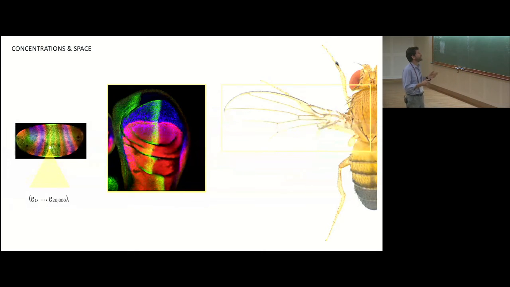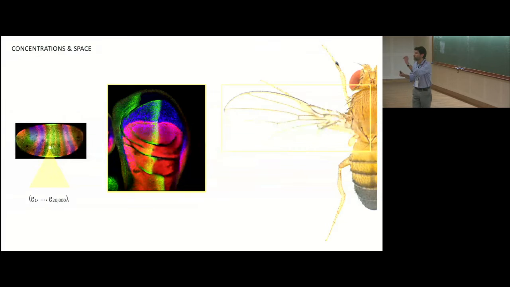So finally, we've come to some sort of summary slide in which, as development proceeds, every cell, depending on its position, will be expressing different sets of transcription factors over time. For example, this group of cells here you can define by some sort of vector, and that vector contains concentrations for each of the proteins encoded in the genome.